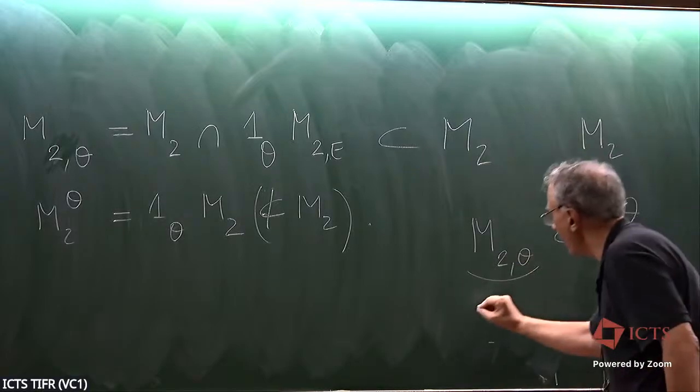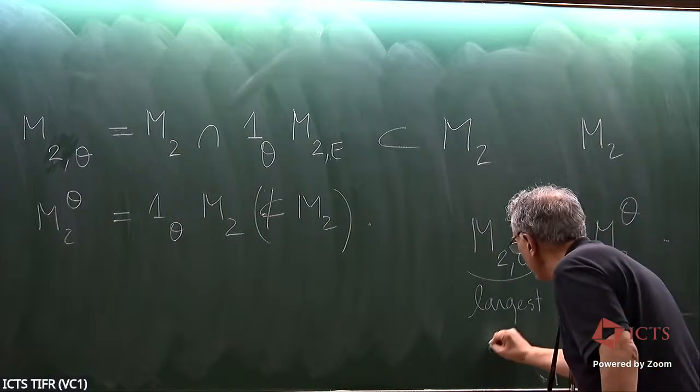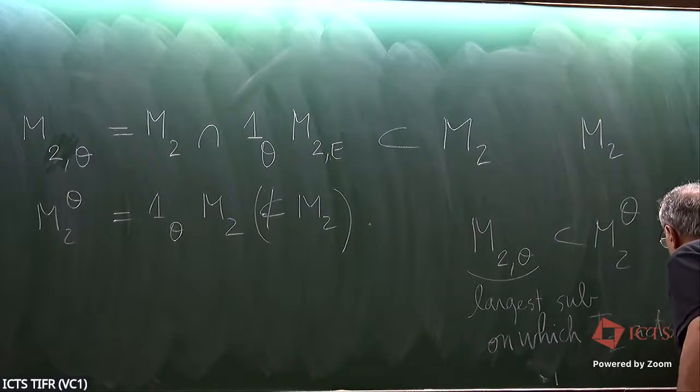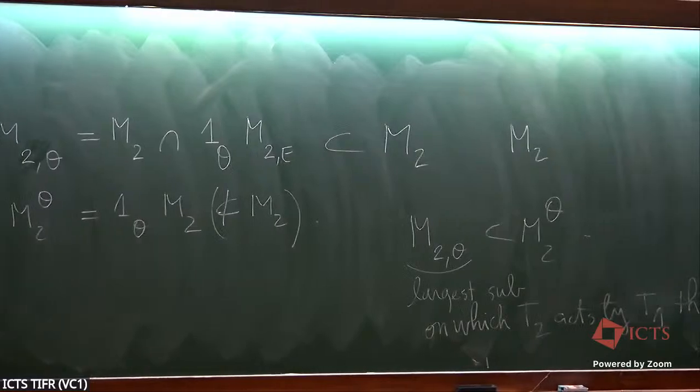Okay, this is the largest sub on which T2 acts by T1 through theta. And this one is the largest quotient, a quotient of M2, okay, you see? It is useful.